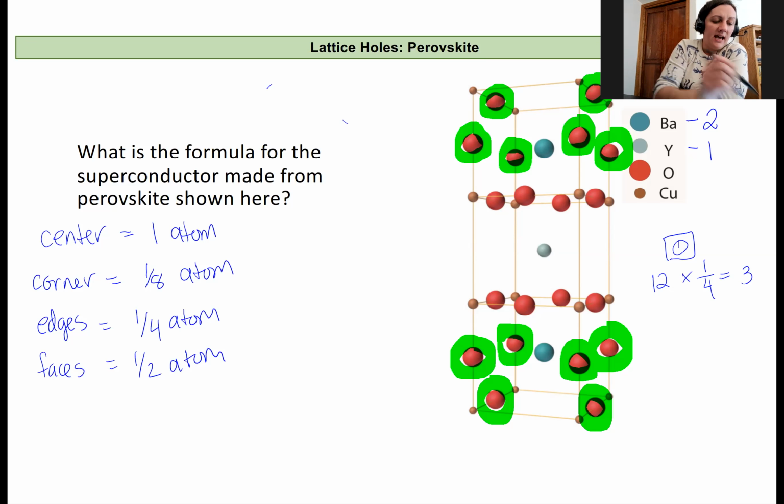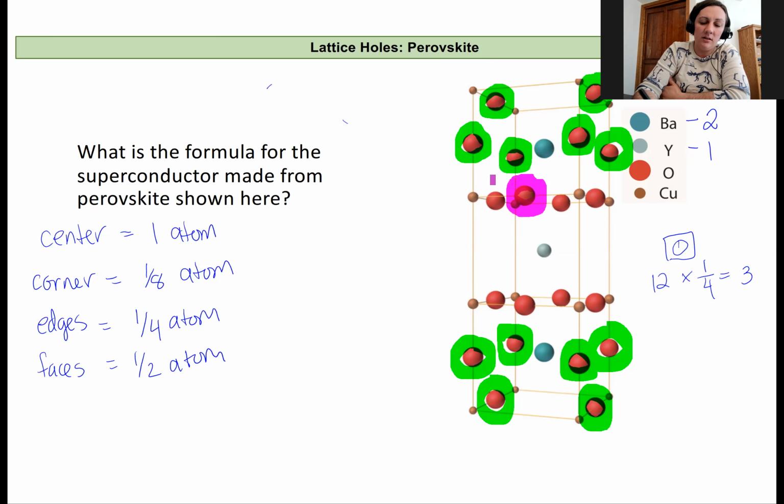Then looking at oxygen more, I'm going to highlight these ones in pink. There are some that are only going to be shared with 2 because they're on a face of it. And so this one right here would be on an edge if we were just looking at a unit cell that stopped at that top box. But because that doesn't describe a repeatable unit and it's larger than that, these are actually going to be on a face.